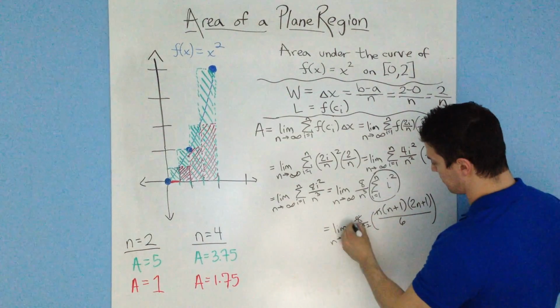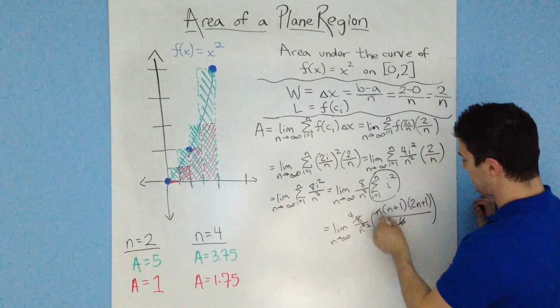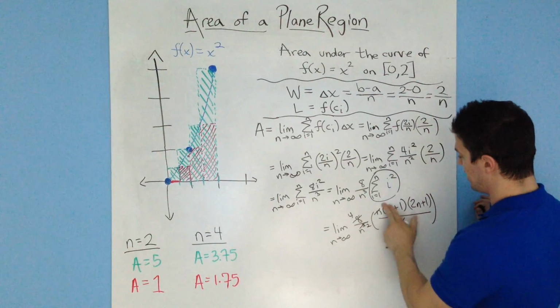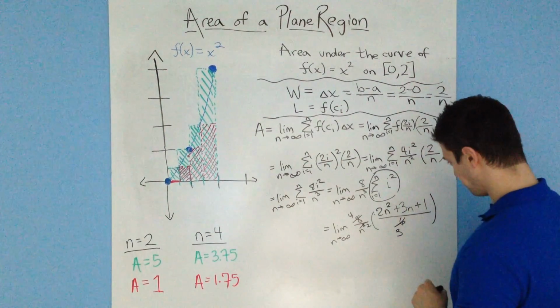Here really quick, I'm going to simplify this. I'll cancel out that 4, I'll cancel out this 6. And then I'm going to simplify this numerator right here to be 2n squared plus 3n plus 1.